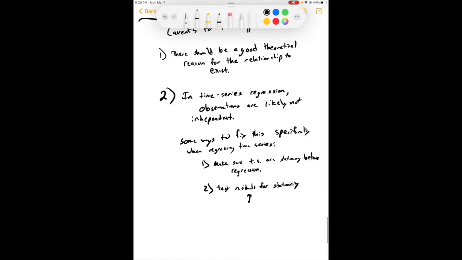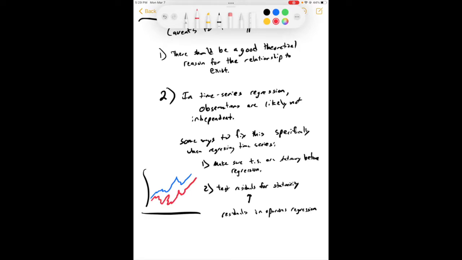And the reason that we do this one is residuals in spurious regressions. And a spurious regression is, say you have two time series, and they look kind of like this. You have one that goes like this, and you have another one, it's supposed to be red, and it looks kind of like this.